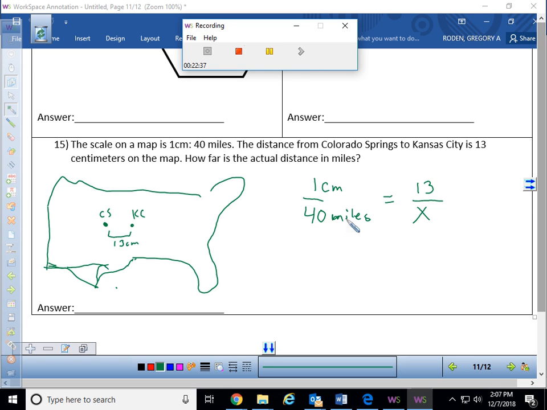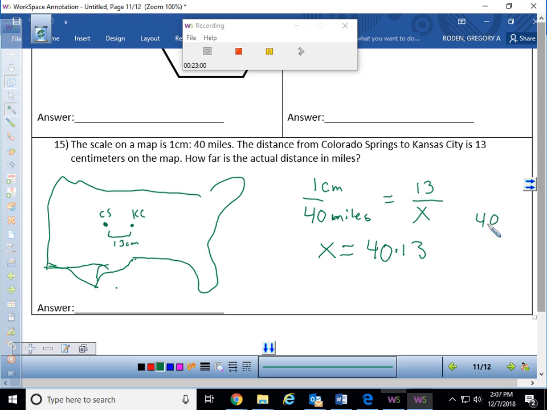All right, so now we just cross multiply. We've got a nice proportion here. So I'm just going to cross multiply. And so let's see here, I've got 1 times x, which is x. And then that's equal to 40 times 13. Now, what's 40 times 13?